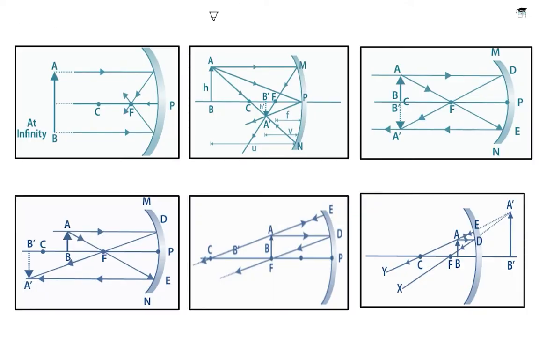Okay, so let's do a quick recap of concave mirror and convex mirror image formation. The first one is when the object is placed at infinity, the image is obtained at focus.